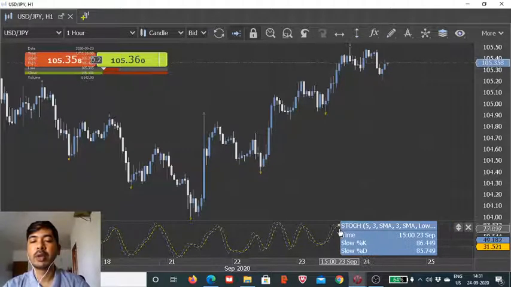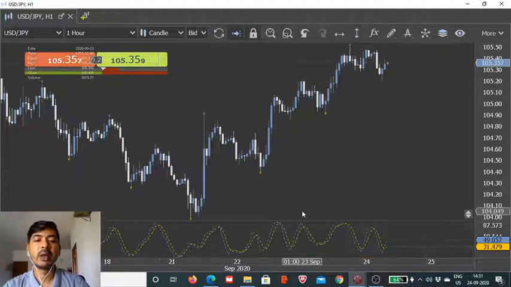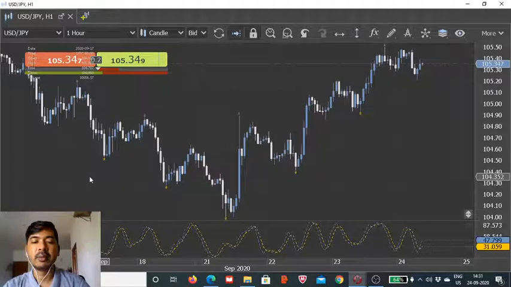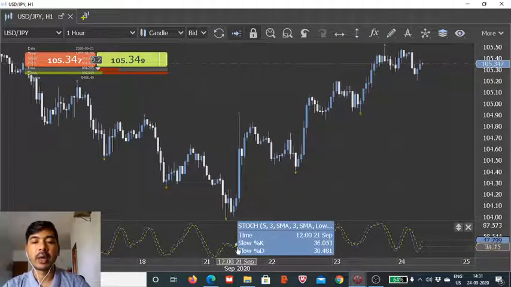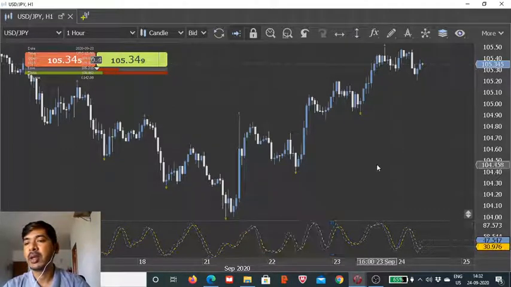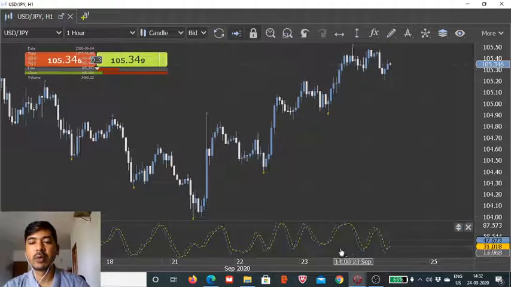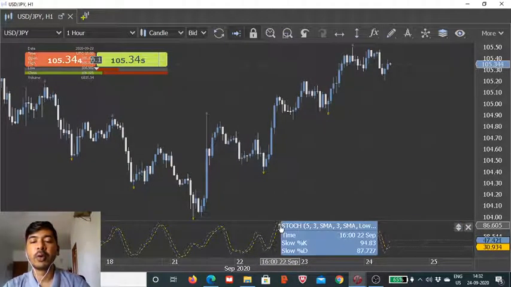That way you can work with this indicator. Otherwise, you can also bring in some other trend identifying indicator and simply use these stochastic values to gain entry as and when the crossover happens in the direction of the trend, which is determined using another technical indicator. So you can work it like that, or you can even go with these overbought oversold trades.